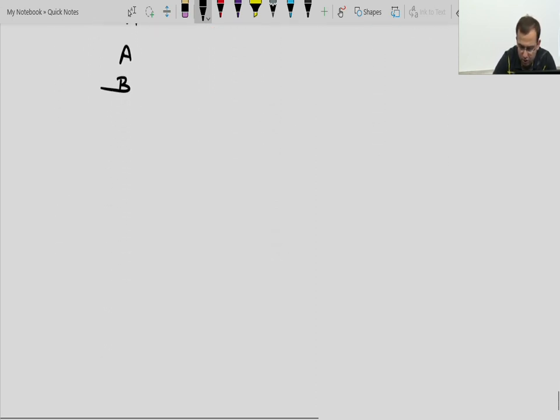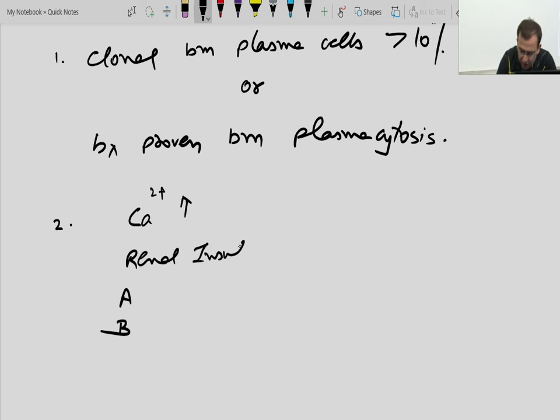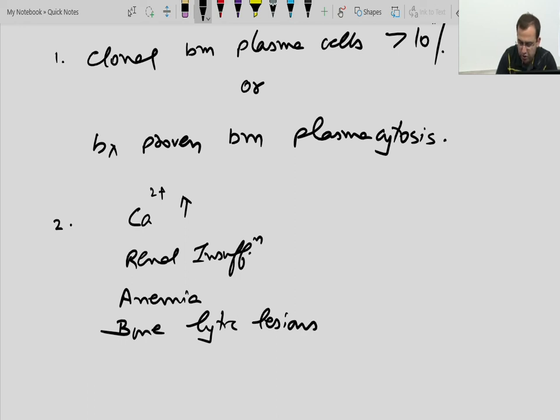CRAB stands for hypercalcemia, calcium is increased, renal insufficiency, anemia, or bone lytic lesions. Should all CRAB be present? No. Any one of these is sufficient to call it as multiple myeloma.